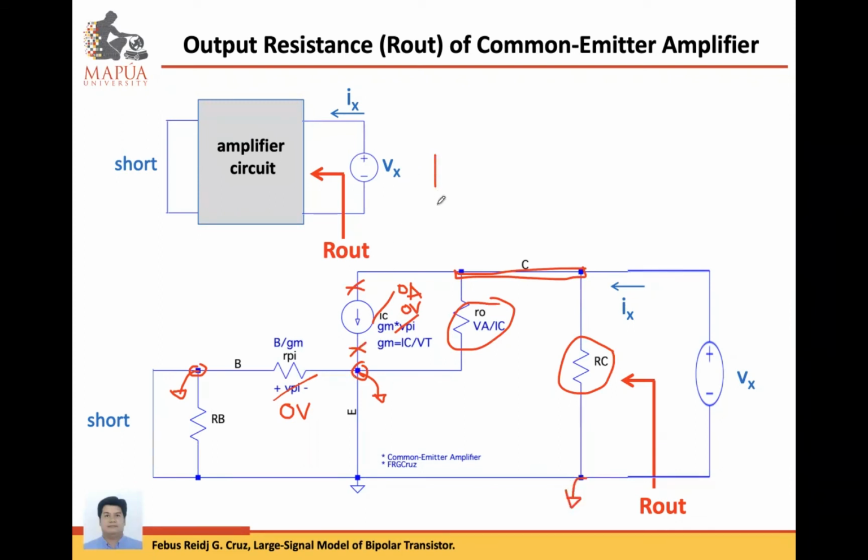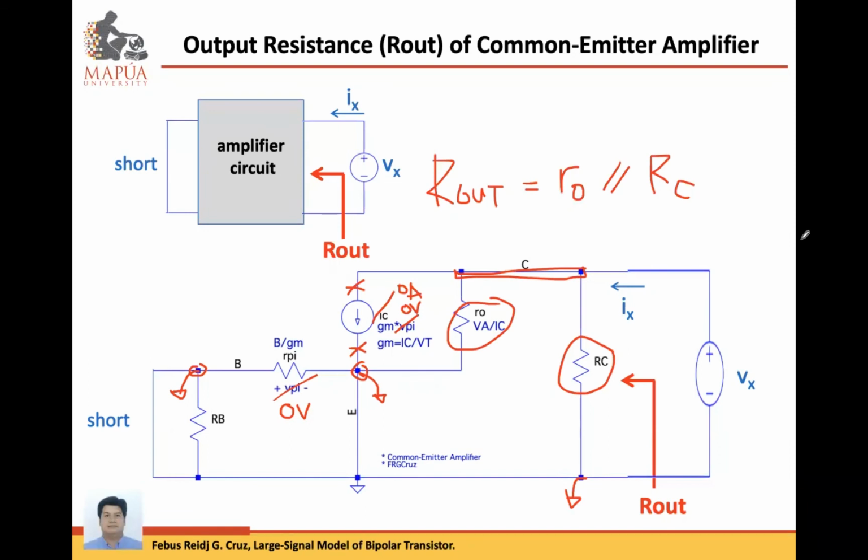So that means Rout is equal to RO in parallel with the collector resistor. All right, can you follow?